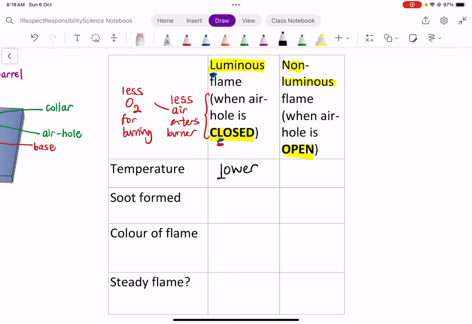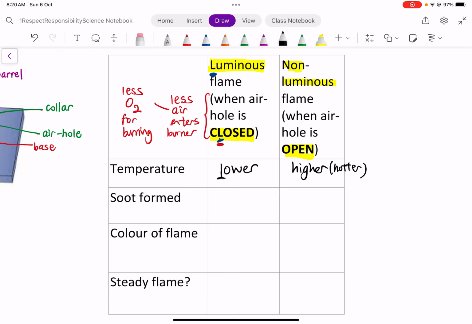So in other words, starting with L: luminous, lower temperature, closed air hole. On the other hand, when the air hole is open, there is more air, more oxygen entering the burner. As a result, there is more oxygen for burning, and so the non-luminous flame, when the air hole is open, has a higher temperature. Okay, it's hotter.